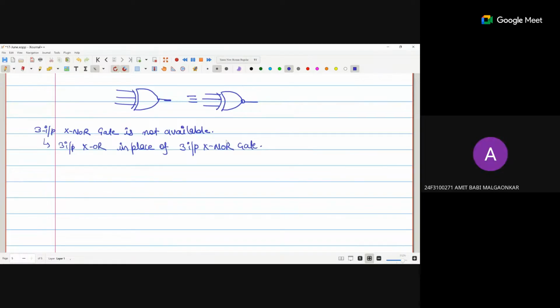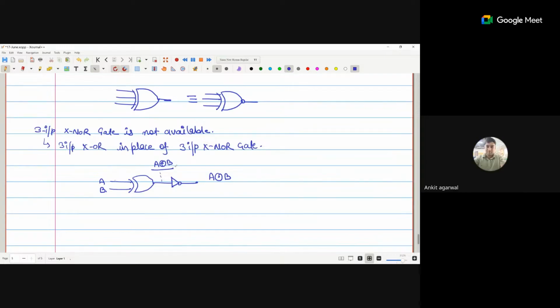So the XNOR gate definition also states that it's a complement of the output of the XOR gate. So when we cascade it, we get this result: the two input XOR gate is equivalent, taking two inputs for the XOR gate, so both are the complement.